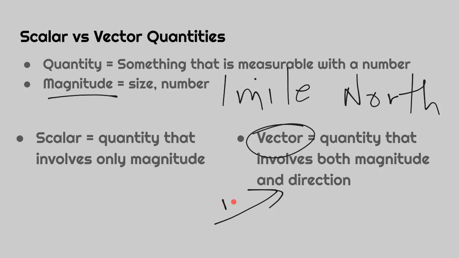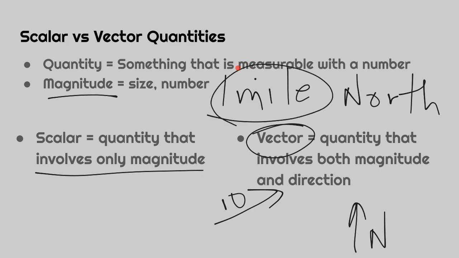If this is 10, and this is north, now I'm going kind of northeast. So we use arrows in science to be our vectors. And scalars are just magnitudes only, so we don't use an arrow, we just give a number to it. 1 mile, 50 feet, anything that has a size, or an earthquake magnitude of 9.5, a pretty devastating earthquake.